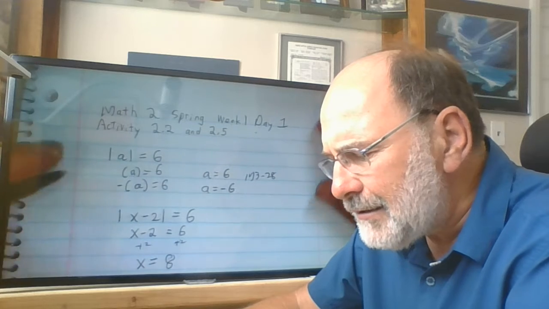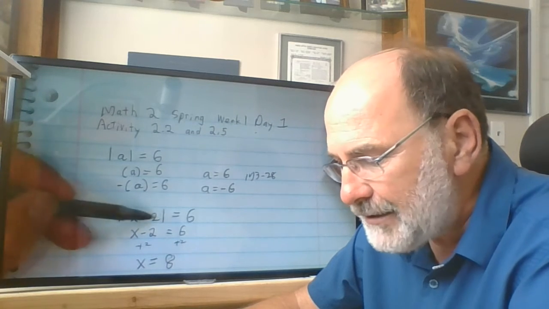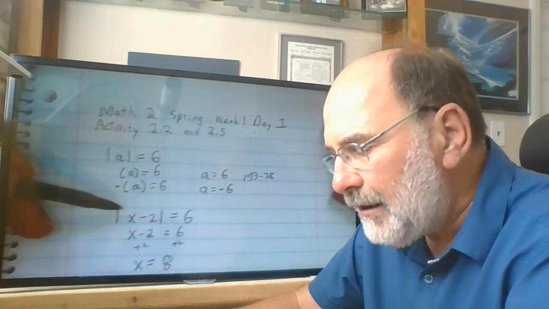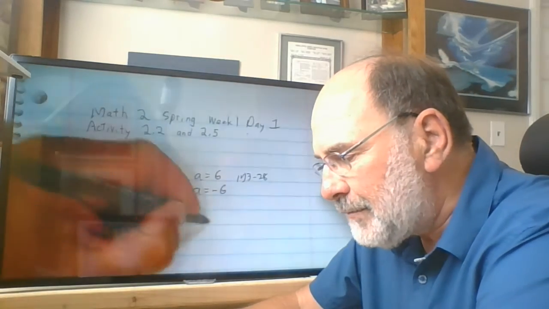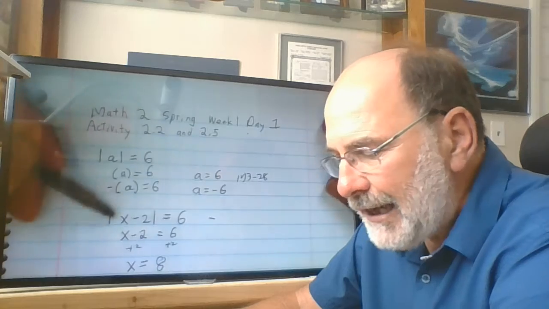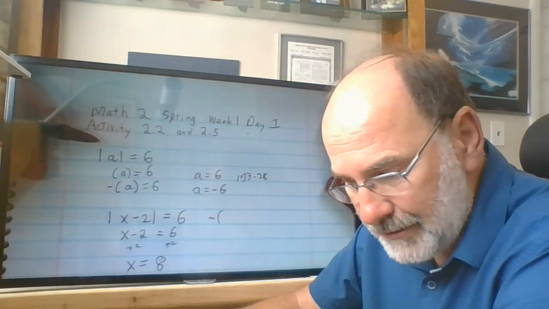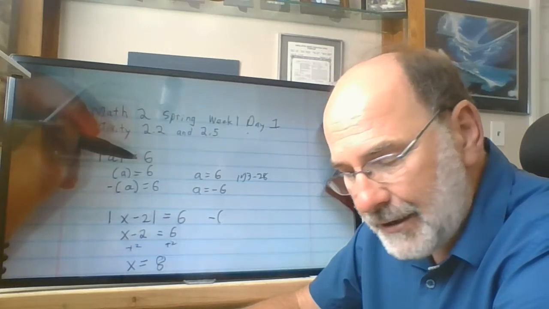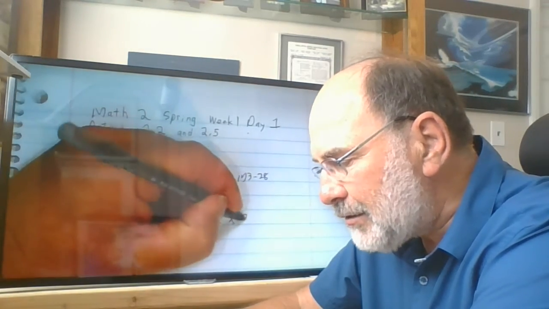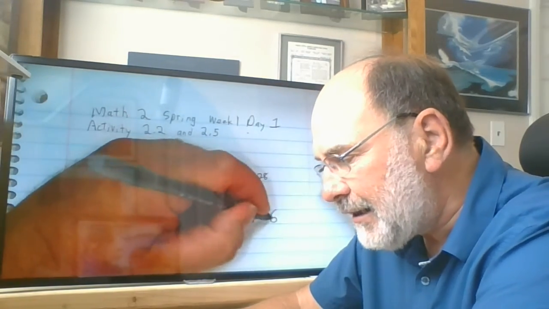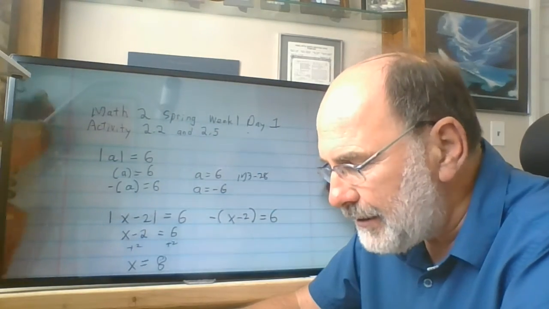But there's a second possibility here, and that is if everything inside the absolute value sign is actually negative. And so to figure that one out, you could put a minus sign and replace the absolute value symbols with open and closed parentheses. So minus sign on the outside, x minus 2 in parentheses on the inside, set that equal to 6. Great.